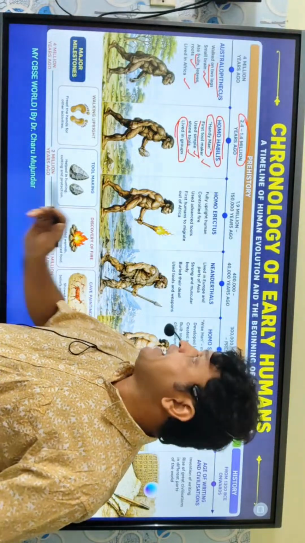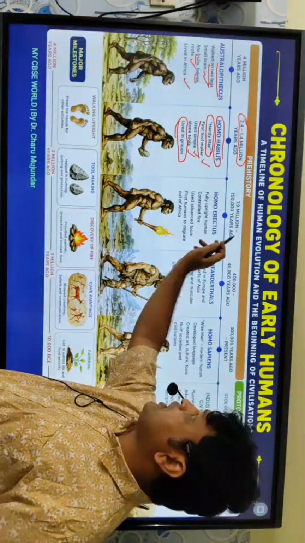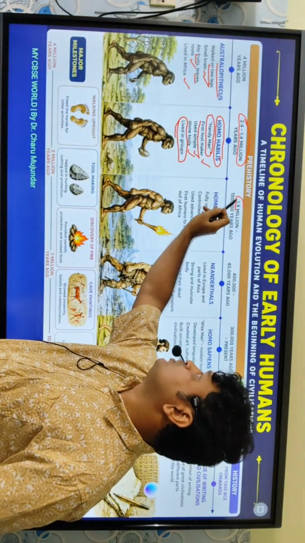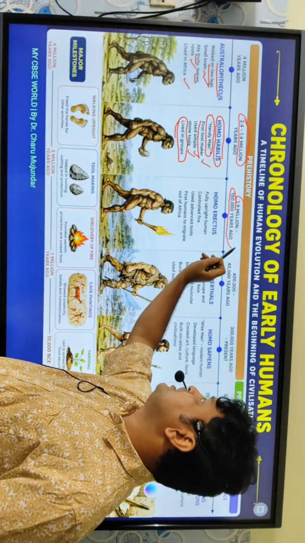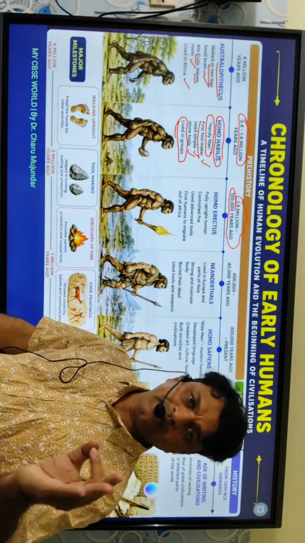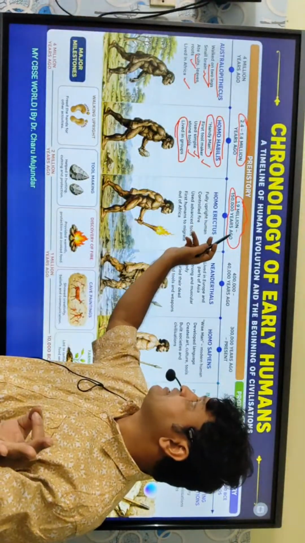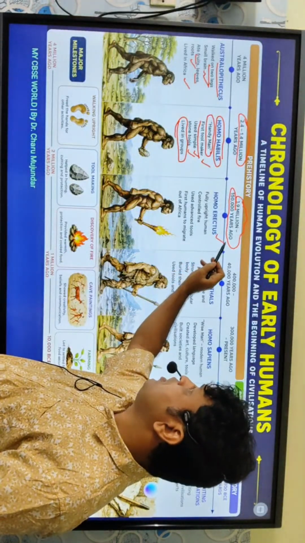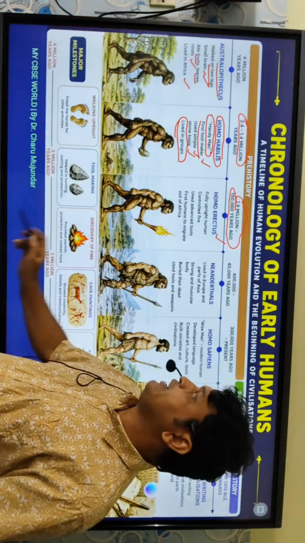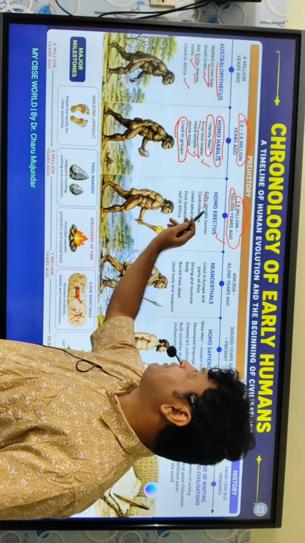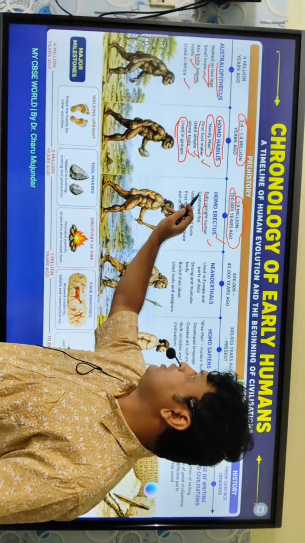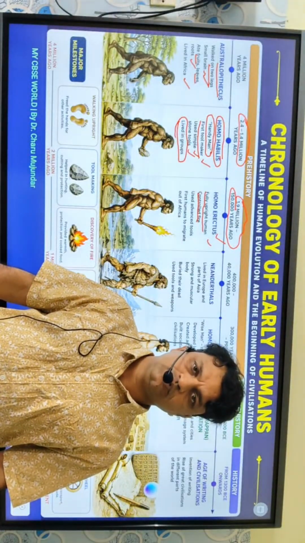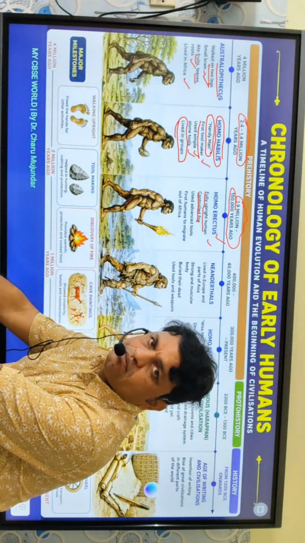Which man, Nana? Handyman. Coming to a slightly more advanced human society, from 1.9 million years to 1,50,000 years ago, our ancestors were called Homo erectus. Fully upright humans who controlled fire. Fully upright means they walked like this. Earlier human beings walked like this.